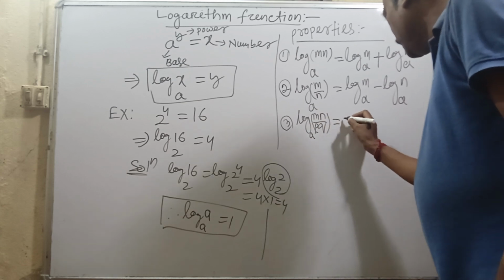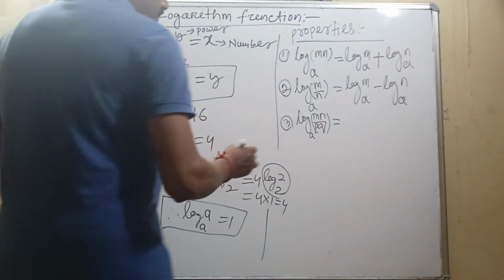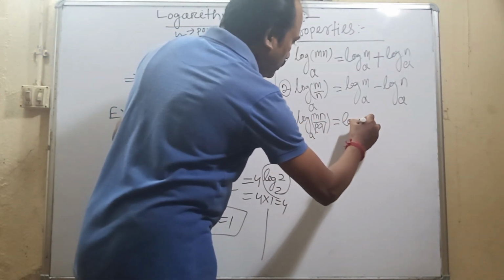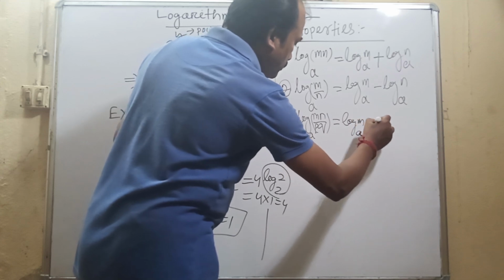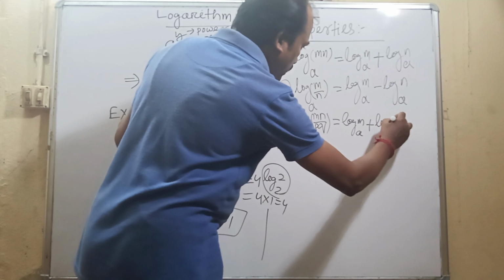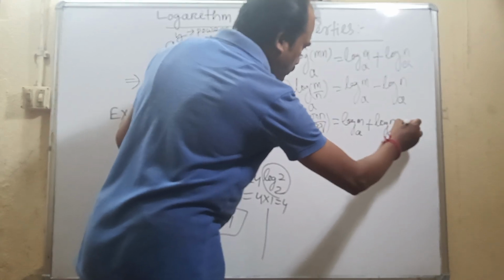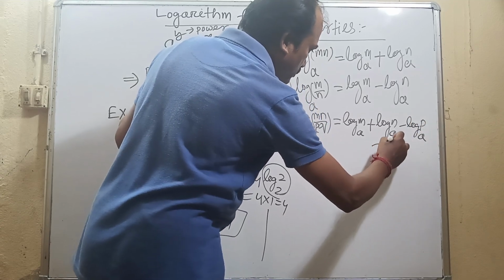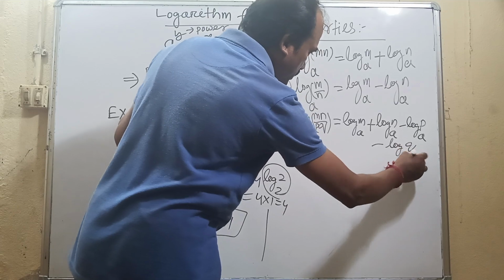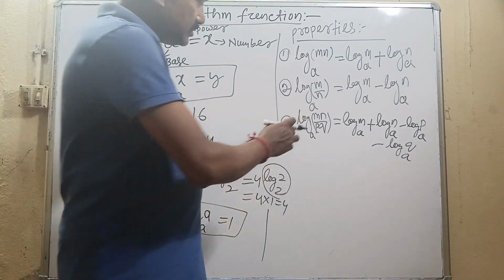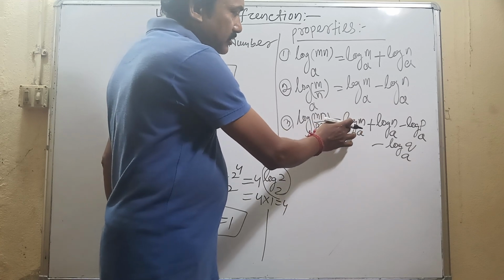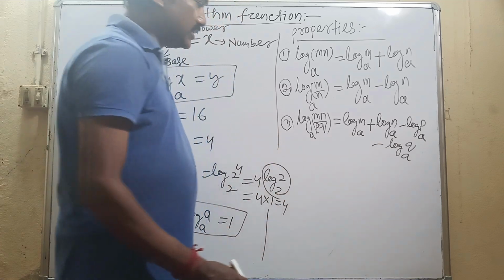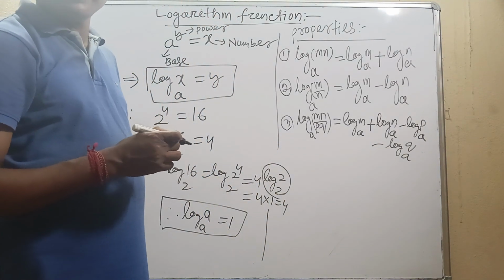This equals log m base a plus log n base a minus log p base a minus log q base a. That means the numerator m into n takes the positive sign, and dividing by p q means both p and q take the negative sign.